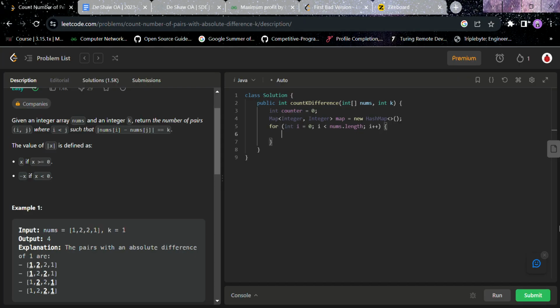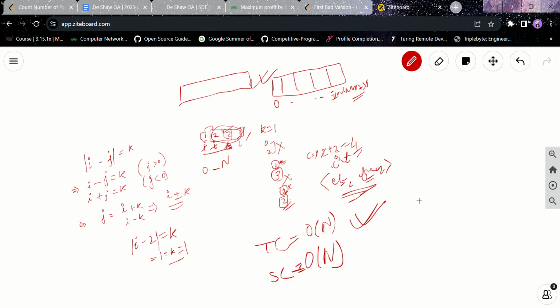Let's name the map frequency. If frequency contains nums of i minus k, then we will increment the number of times it's appearing.